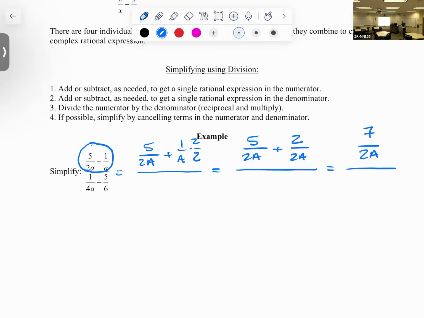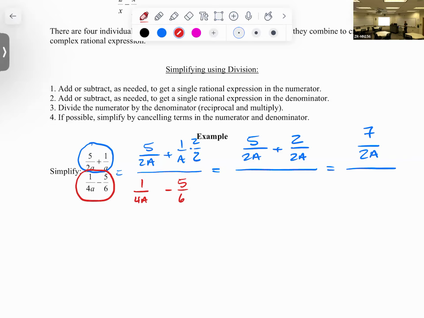Now we're going to look at the denominator. I have 1 over 4a minus 5/6. What's the common denominator between 4a and 6? 2a?